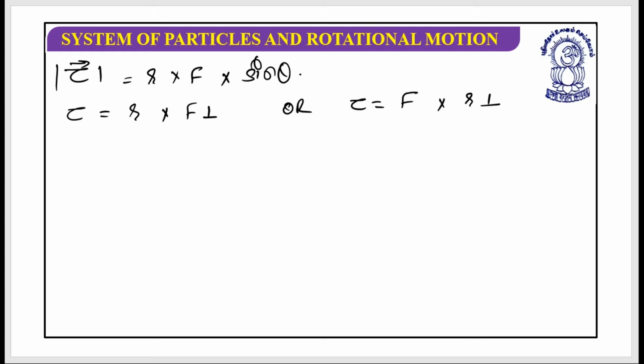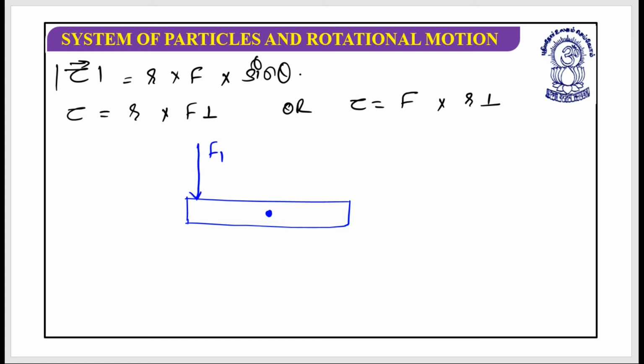Now the second thing: let's suppose the situation is something like this. Let's suppose this is the rod, and that rod is hinged over here. You are applying a force in this direction.